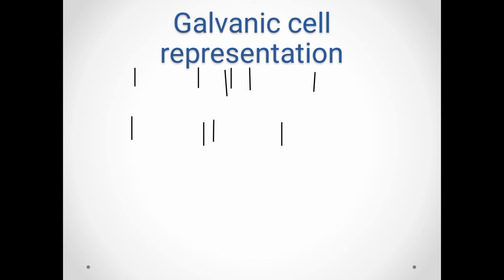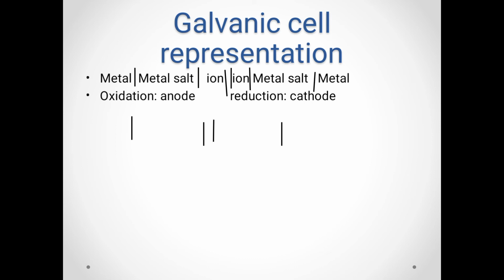Now you have to know the representation of the galvanic cell. First is your metal, then comes your metal salt, then the ion here and here, then again your metal salt and your metal. Let's take a solid example. Oxidation occurs at the anode and reduction at the cathode.